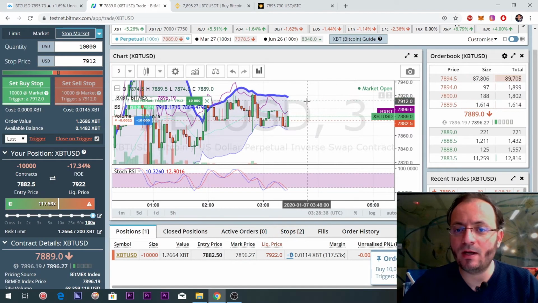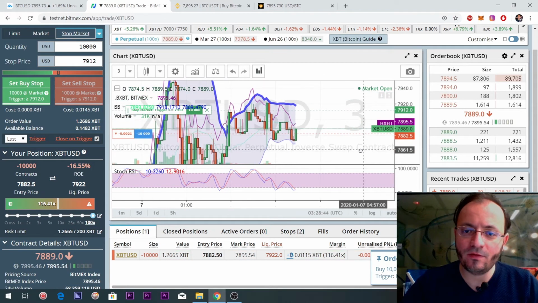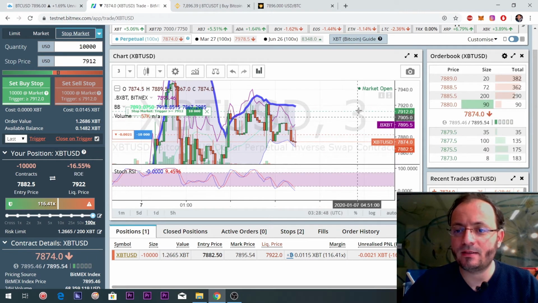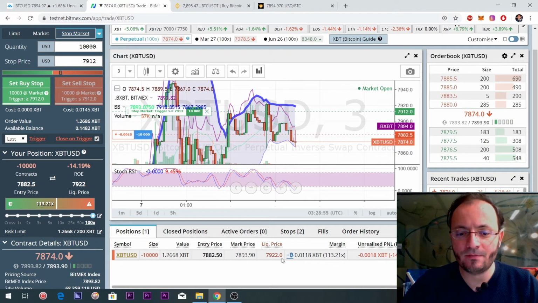Okay, and I will buy the contracts at this price, and I want risk of losing all the money at 7922, which is the liquidation price.